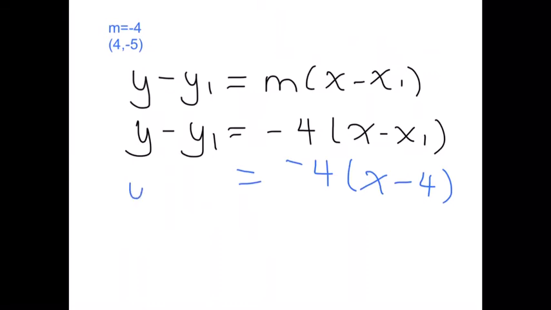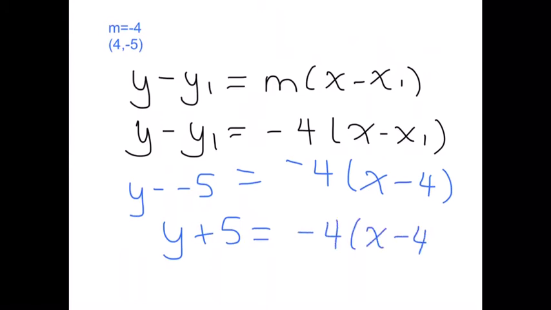Now, if you notice, it's minus 5. So it becomes y plus 5 equals minus 4, x minus 4. So notice how this affects the sign. If the original coordinate is positive, it goes into the bracket and is written as a negative. And if the original point is negative, with the minus minus, it becomes positive. So always watch your signs when you're doing slope point form.